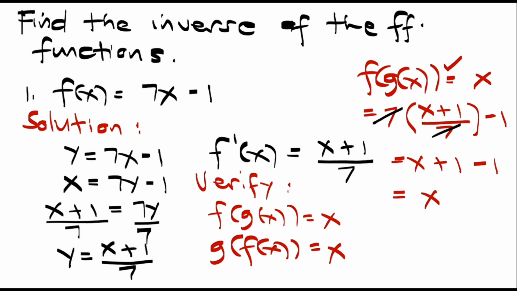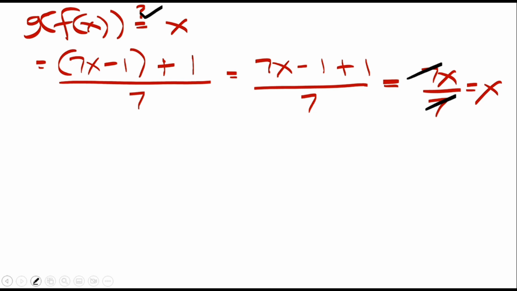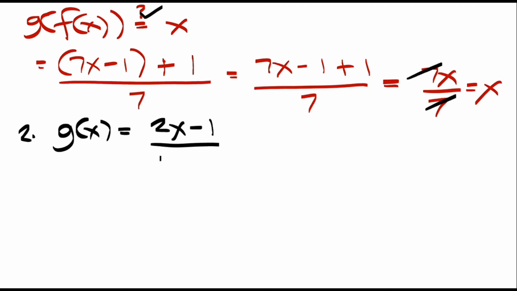Okay, so let us have another example. So example number 2. So what is the inverse of the function 2x minus 1 over 3x plus 2? So again, just perform the steps in finding the inverse of this function.